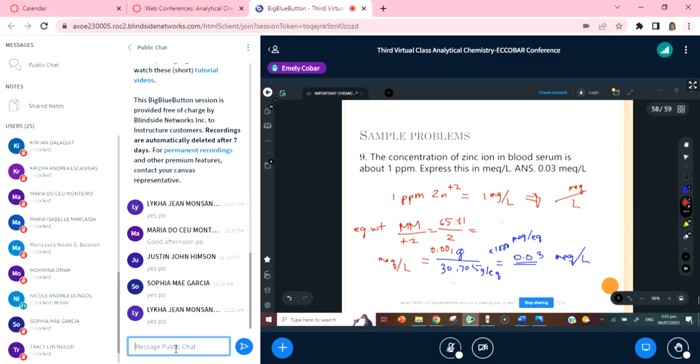65.41 divided by 2 is 30.705 gram per EQ. At ang 1 milligram is equivalent to 0.001 gram. Di ba? Yun naman ang equivalent ng milligram. So therefore here we have 0.001 gram divided by 30.705 gram.